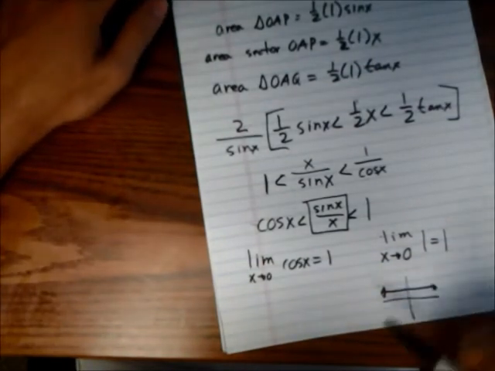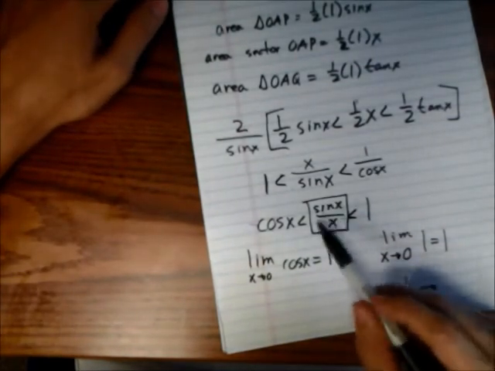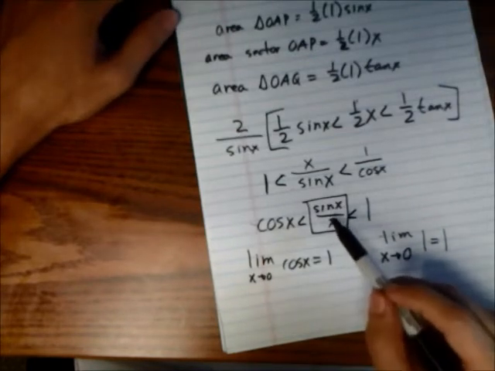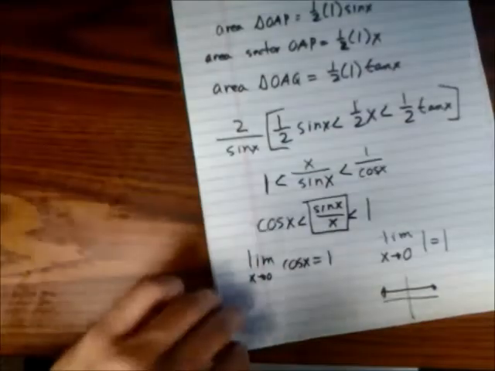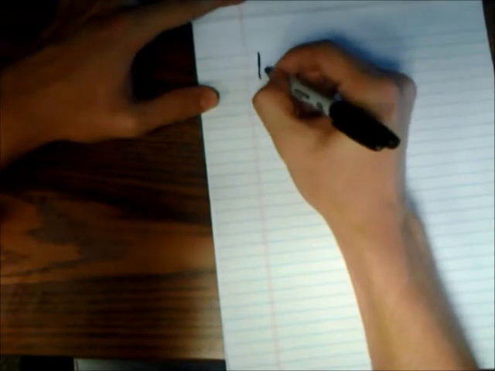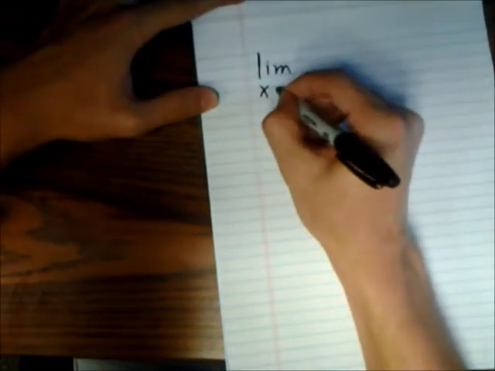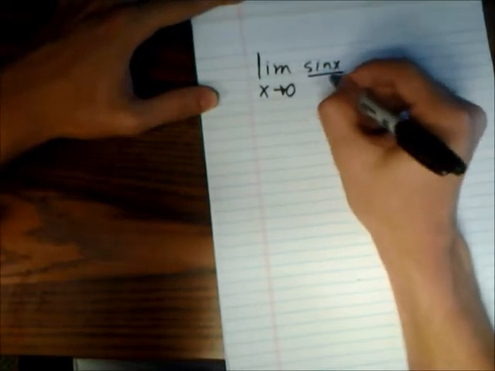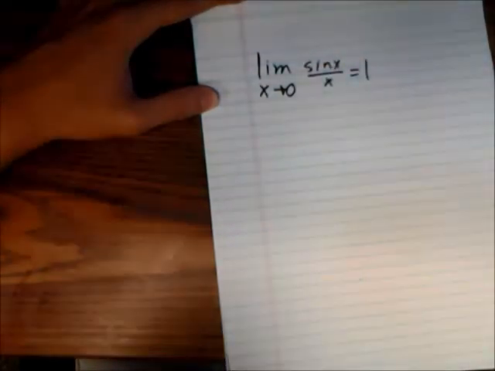So the pinching rule states that if I have a function in between, this limit has to equal 1. So now, thanks to the pinching theorem, we know that the limit as x goes to 0 of sine of x over x equals 1.